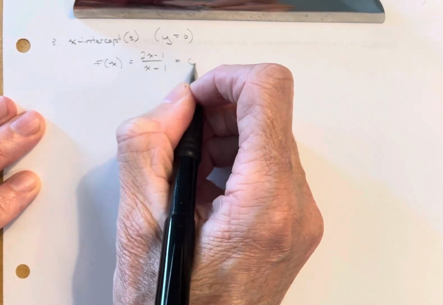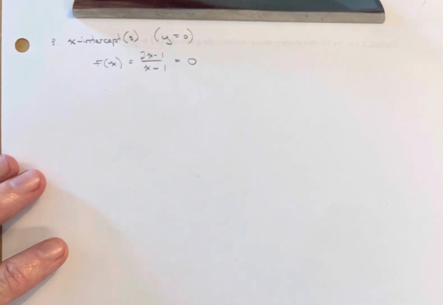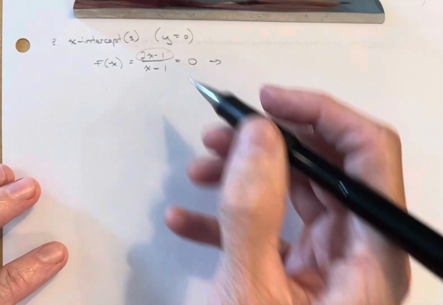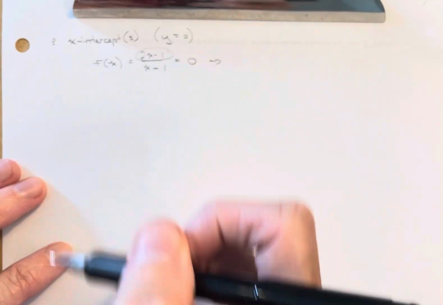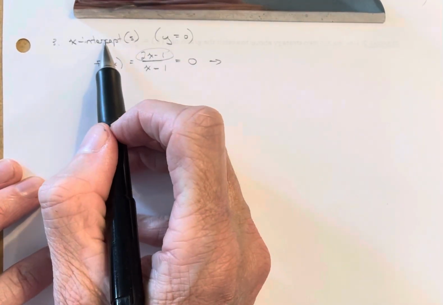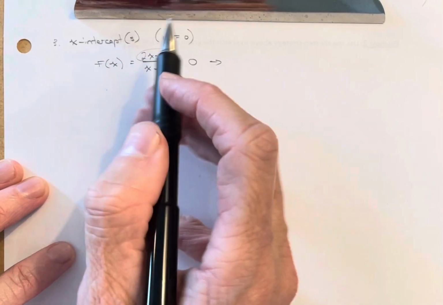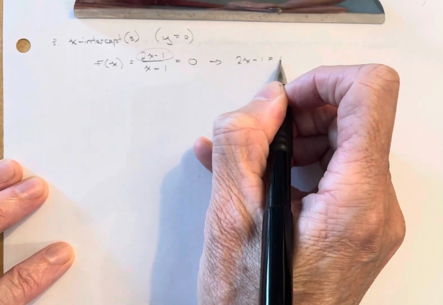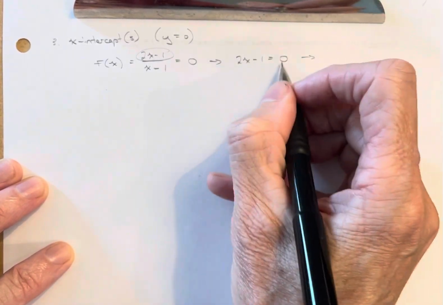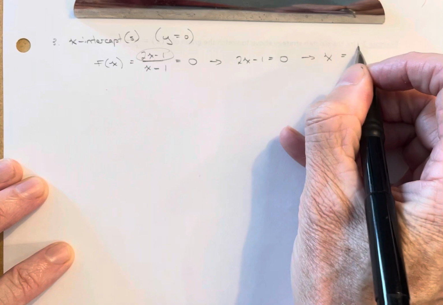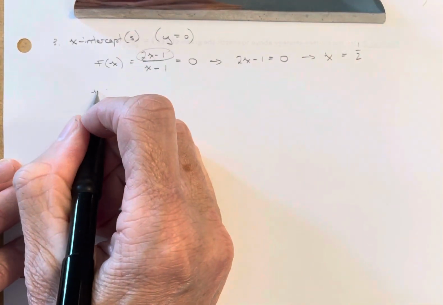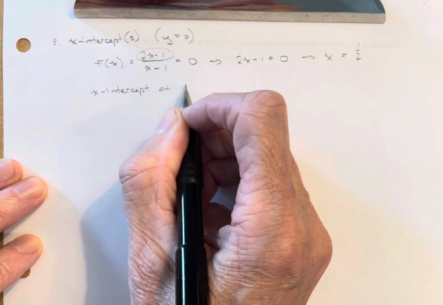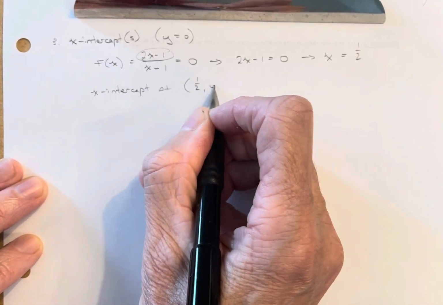The only way this can be 0 is if the numerator is 0, because 0 divided by anything is 0. So my x-intercept or intercepts is focused on the numerator. 2x minus 1 is equal to 0, and of course this leads me to add 1 and divide by 2, so x equals a half. So I have one x-intercept, and it is at the point 1/2, 0.